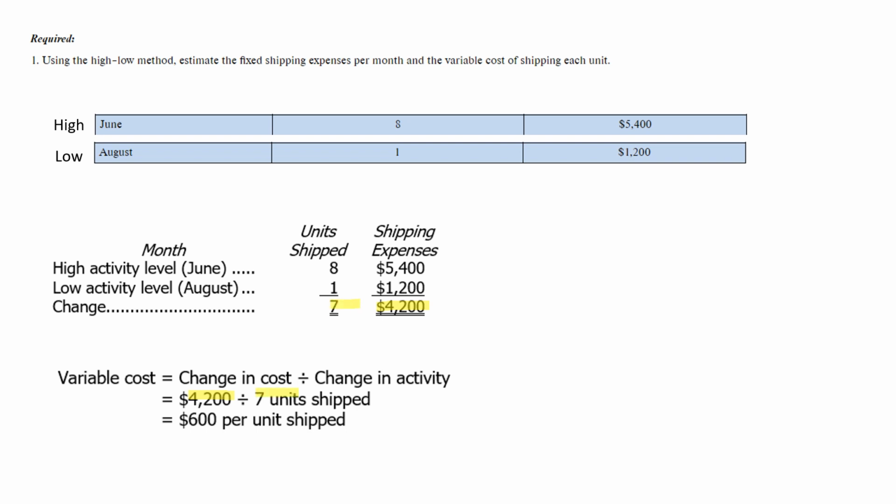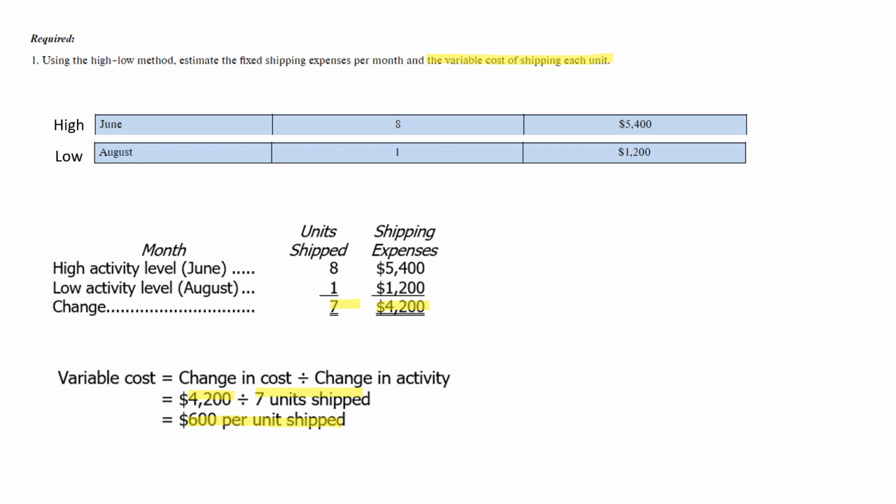So 4,200 divided by 7. So we know our variable cost per unit is going to be 4,200 divided by 7, which is $600 per unit shipped. So that is the answer to our first part. The variable cost of shipping each unit is $600 per unit shipped.